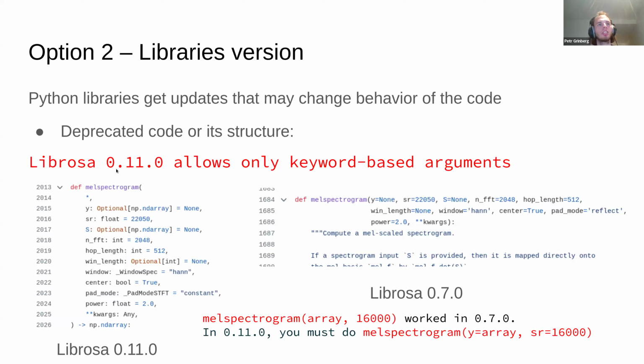But in the modern version, which is 0.11.0, the function looks like this. And because of this little star here, calling melspectrogram with 16000 would lead to a runtime error, saying that you cannot use non-keyword arguments. So this could break your code easily.